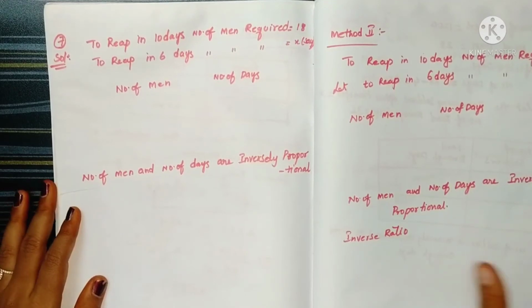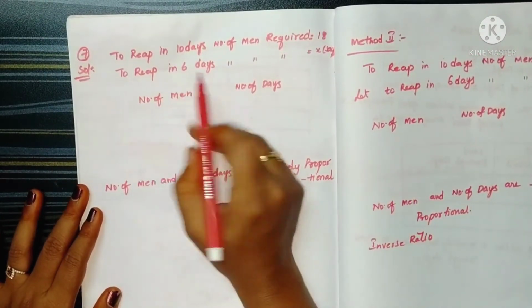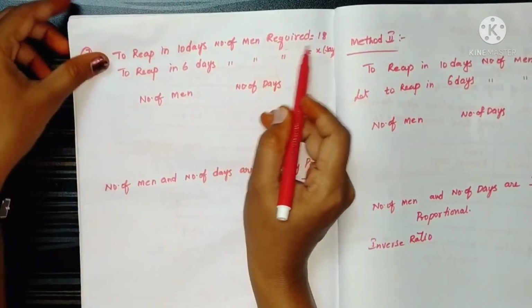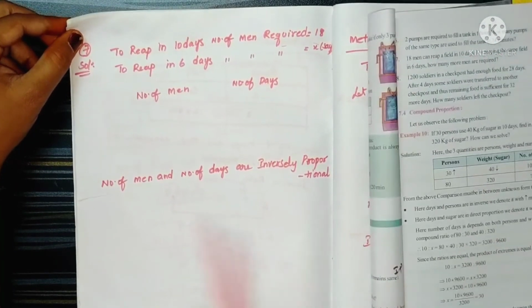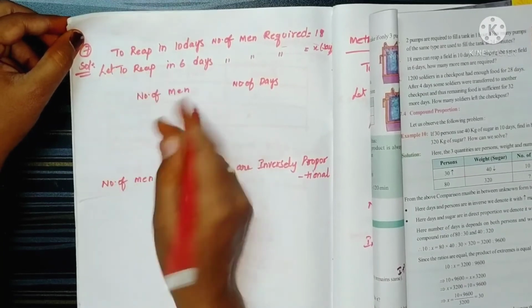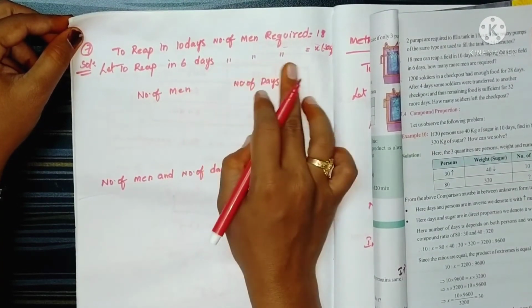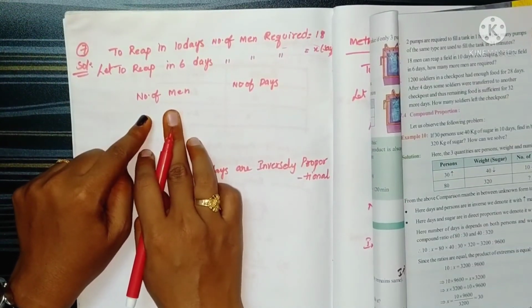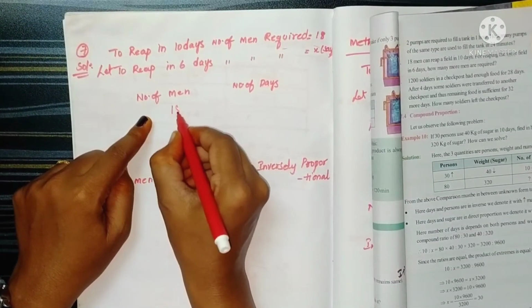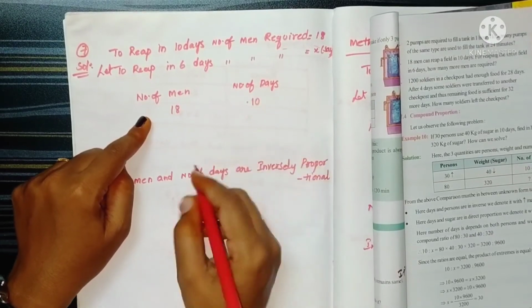So just write the steps. To reap in 10 days, number of men required is equals to 18. So let to reap in 6 days, number of men required x. So number of men, first number of men 18, they can complete in 10 days.